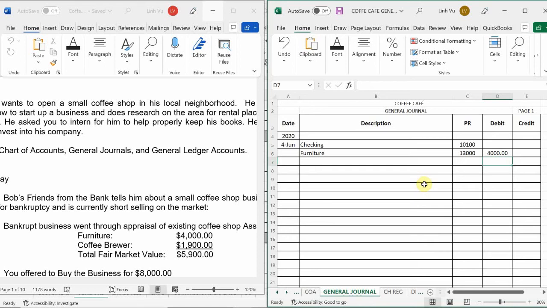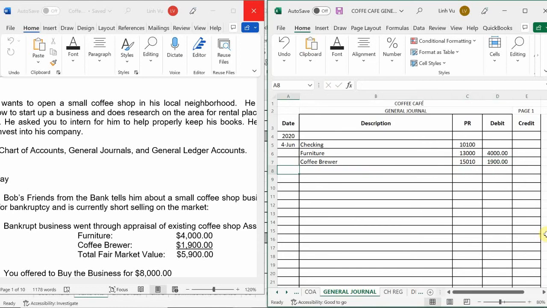Now, what else did I gain? Coffee brewer. Right. So you are going to increase your fixed assets once again because you purchased the coffee brewer. That should be 15010. How much was my coffee brewer? 1900. Good.